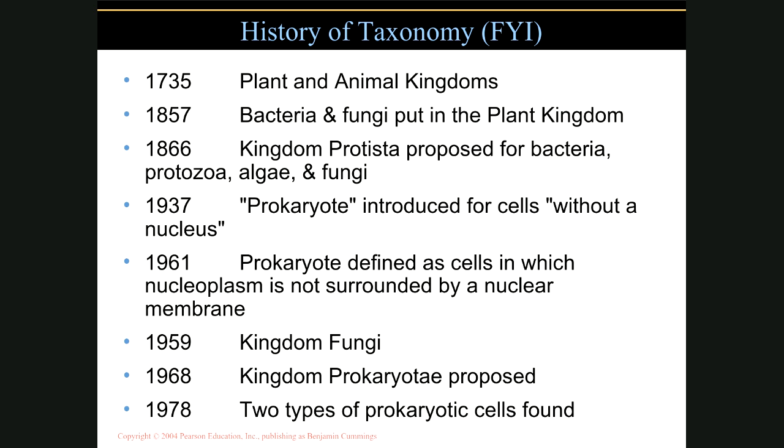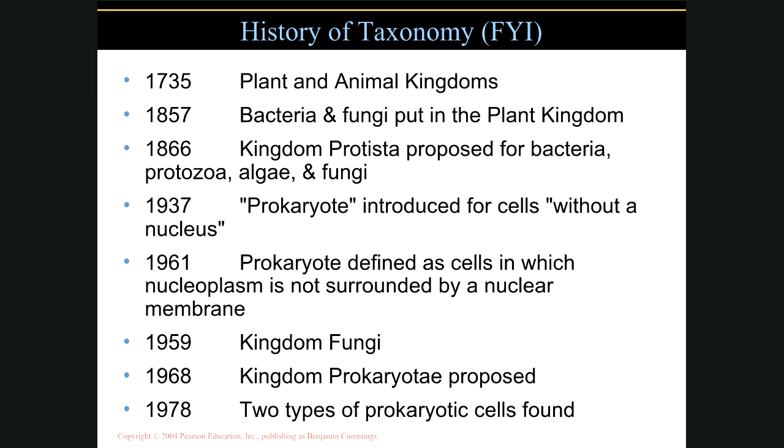In 1937, the term prokaryote was really first used to refer to the bacteria because they had no nucleus. In 1959, they proposed the kingdom fungi and then moved the fungi into that kingdom. In 1968, they proposed the kingdom prokaryote, which never really caught on. It was never really used, at least not for very long.